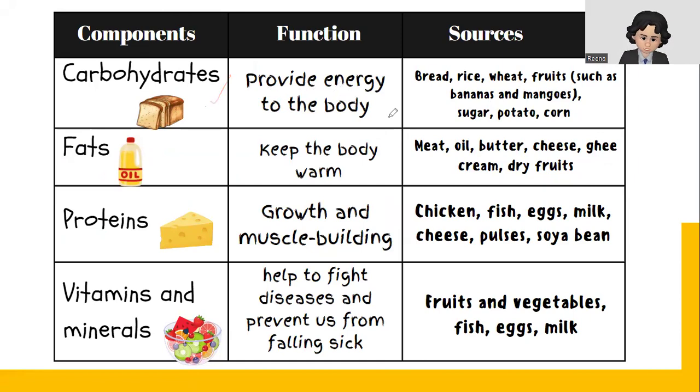Carbohydrates are those which provide energy to the body. And this is very important, because if someone is an athlete, he must need carbohydrates so that it provides the energy, and he can run, he can have good immunity.